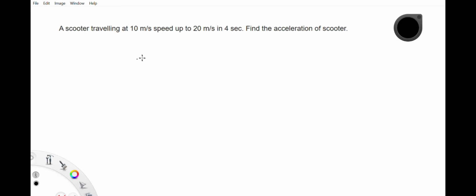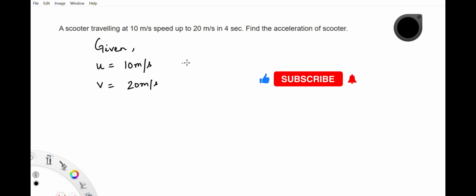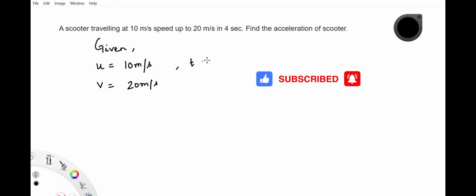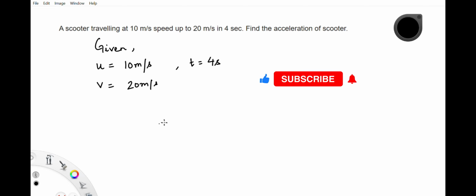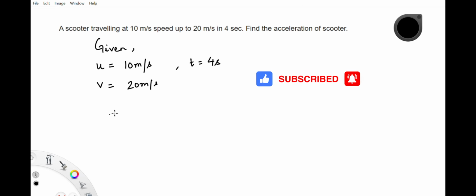So you're given the initial velocity of the scooter as 10 meters per second, and you are given the final velocity of the scooter as 20 meters per second, and this change in velocity basically takes place in 4 seconds. So the time that's given to you is 4 seconds, and you're supposed to find out the acceleration of the scooter.